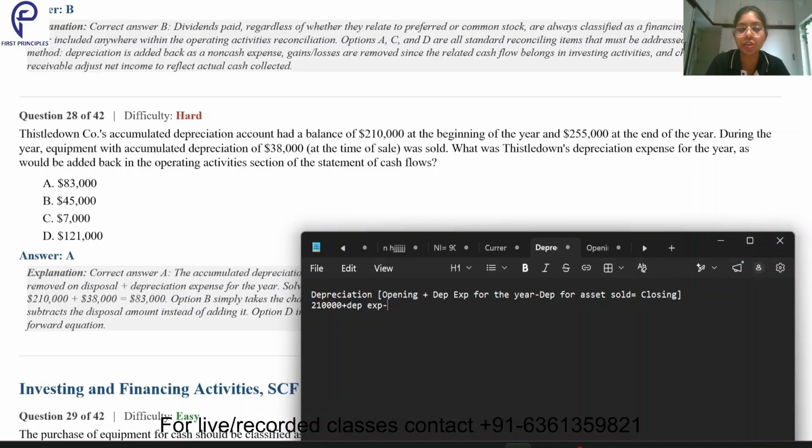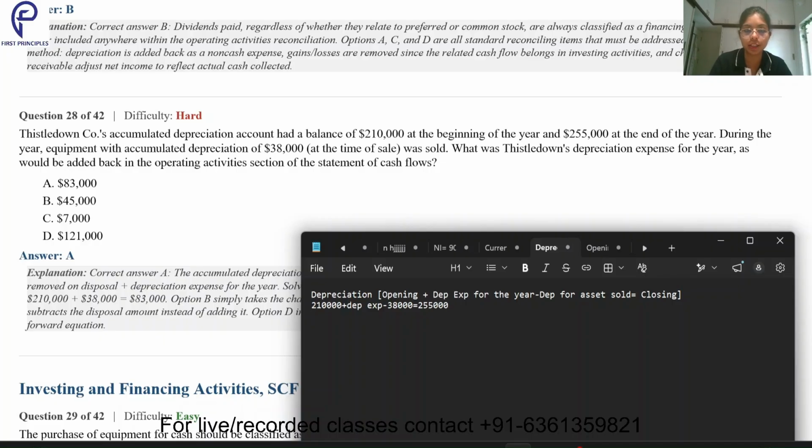Then less depreciation for the asset sold. So we have the equipment with accumulated depreciation of 38,000, and we have the closing balance. The closing balance for the depreciation has been given over here as 2,55,000.